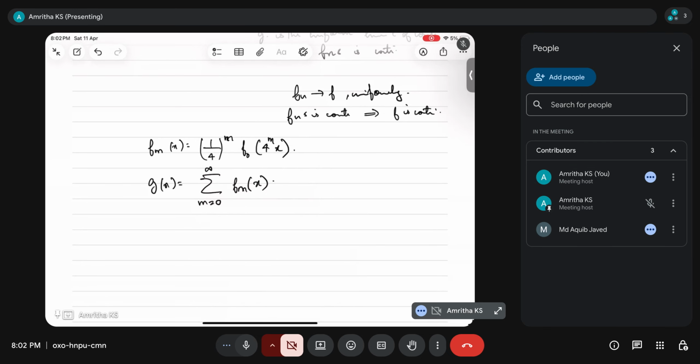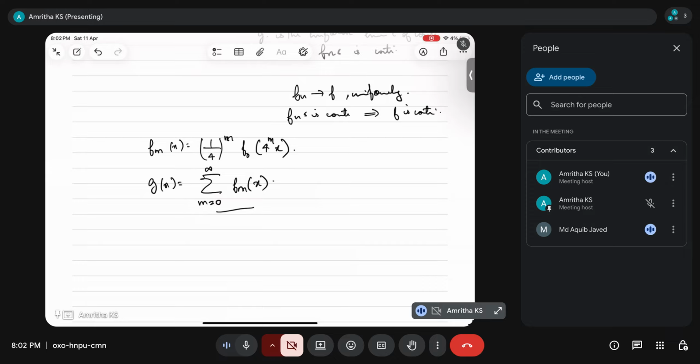Then it is a limit of continuous functions, right? We know that the Fm's are all continuous, and finite sums are continuous. Then the modulus of this is less than or equal to 1 by 4 to the power m.